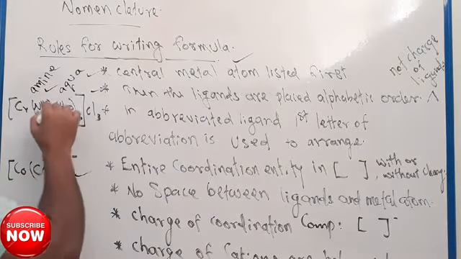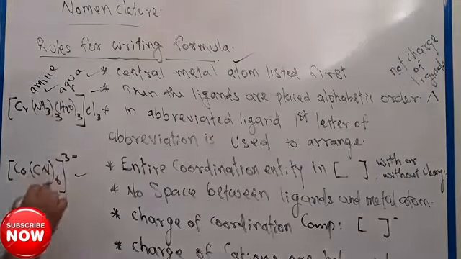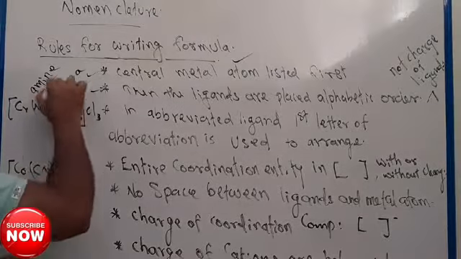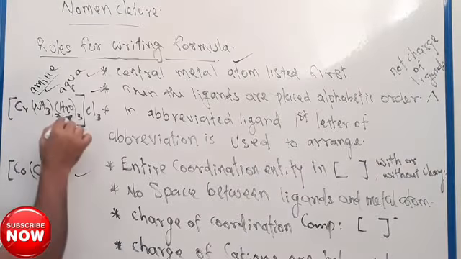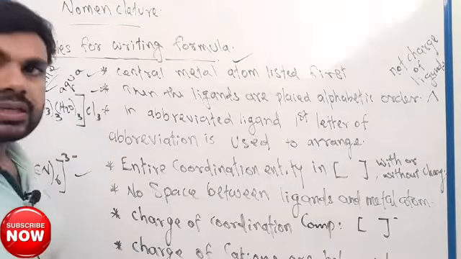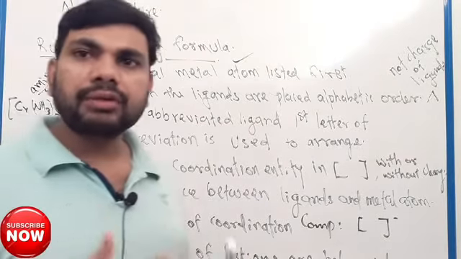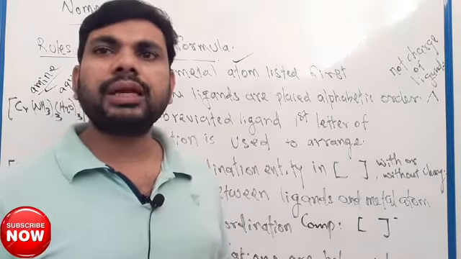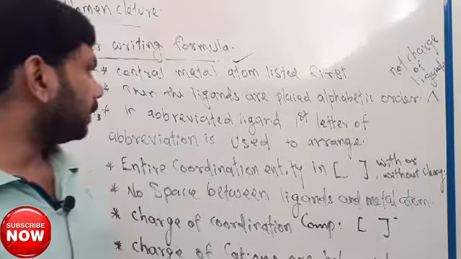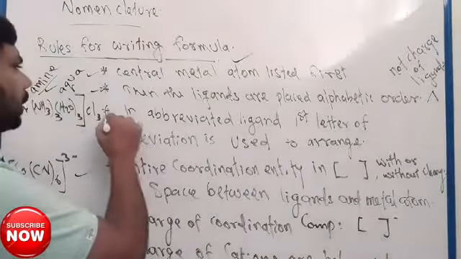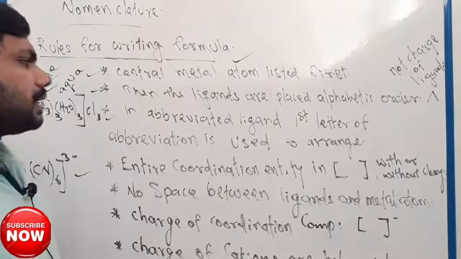So when you are checking the alphabetic order, you have to write ammine first, then aqua. If there is more than one ligand, you have to arrange ligands according to their alphabetic order. Clear?